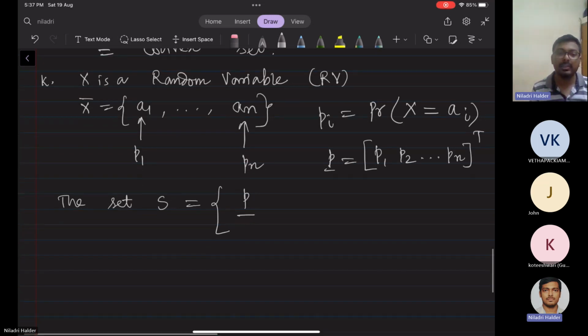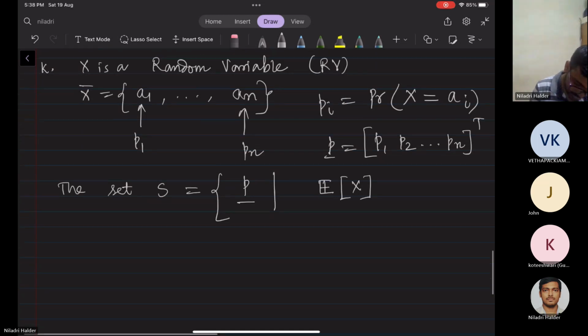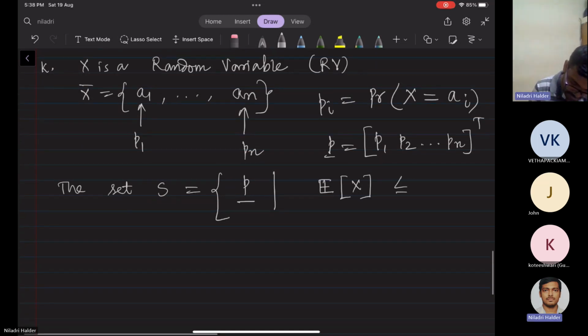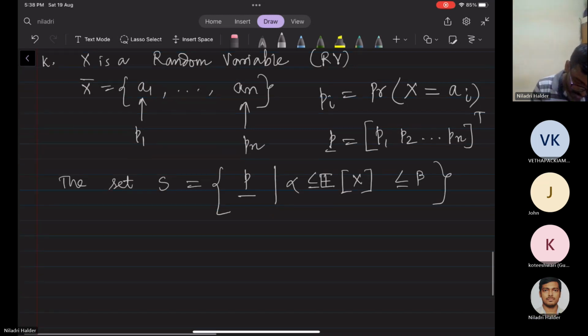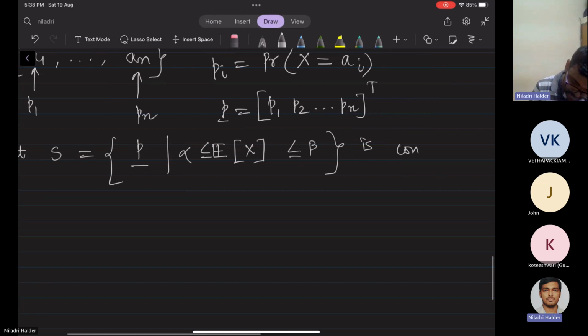So all the p vectors such that the expectation of x is upper and lower bounded by alpha and beta. So is this set convex? So this is also a convex set.